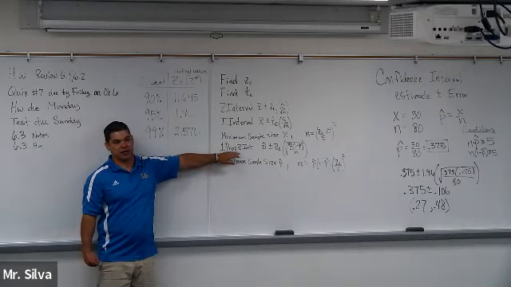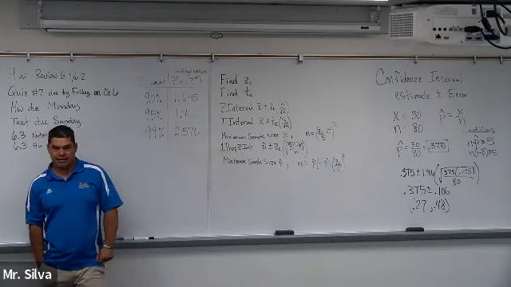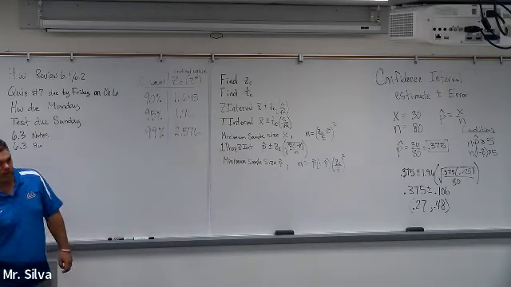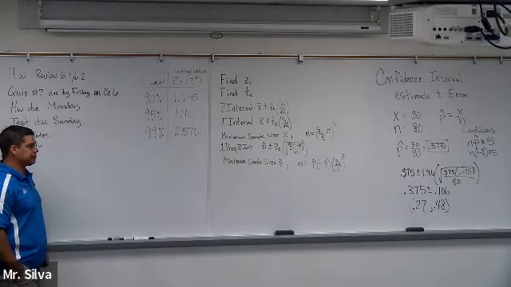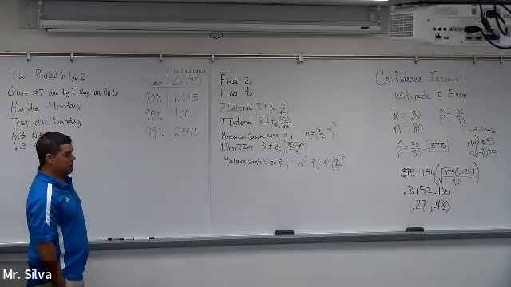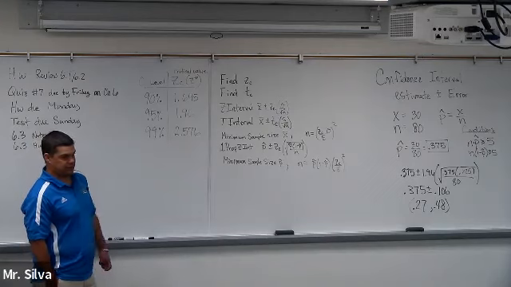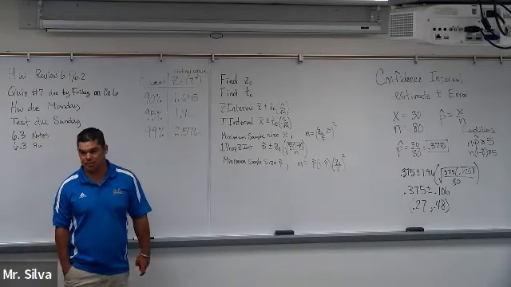So how do you get there? Press stat, go to test. Stat test will allow us to do this on our calculator. And it's a 1 prop Z int, not a 1 prop Z test.